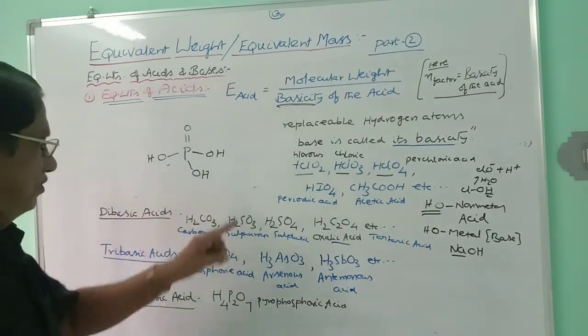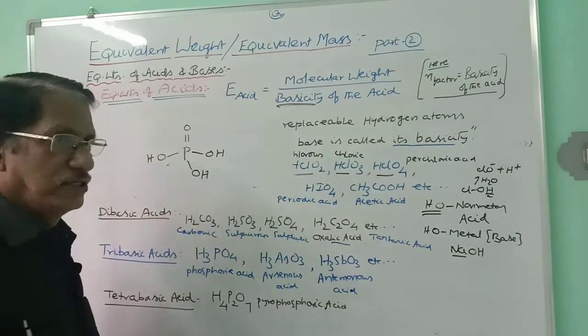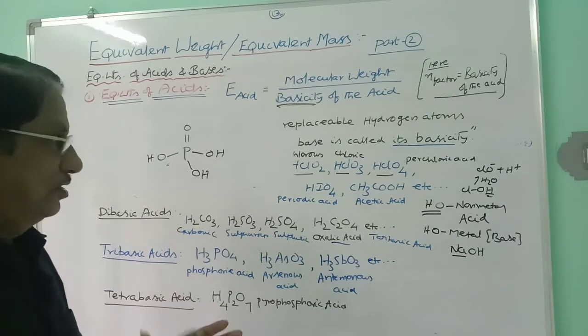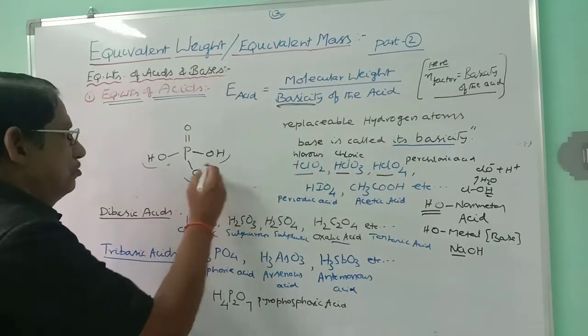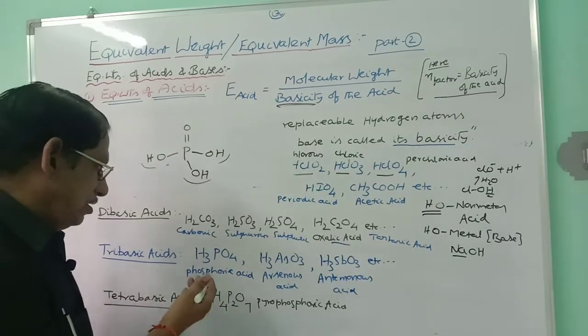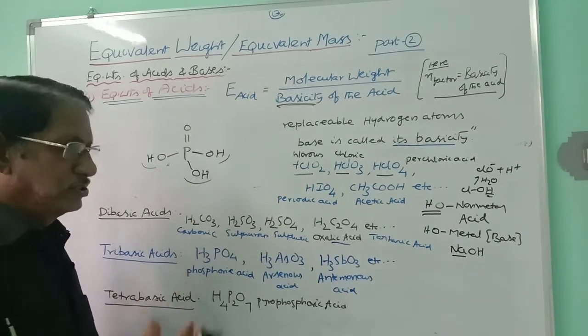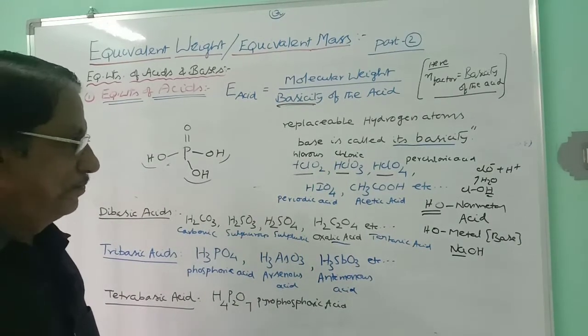This is the structure of phosphoric acid. Here 3 OH groups are attached to phosphorus, so it has 3 replaceable hydrogens. All 3 OH groups release H plus ions when dissolved in water, and that is why phosphoric acid is the best example for a tribasic acid.